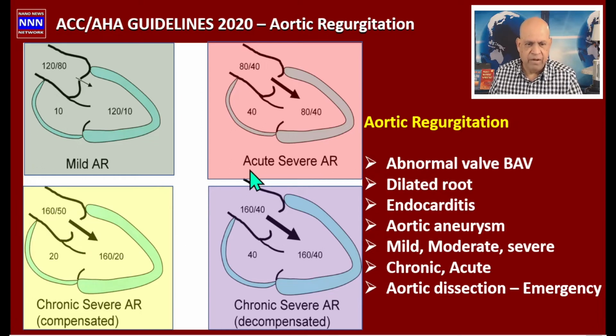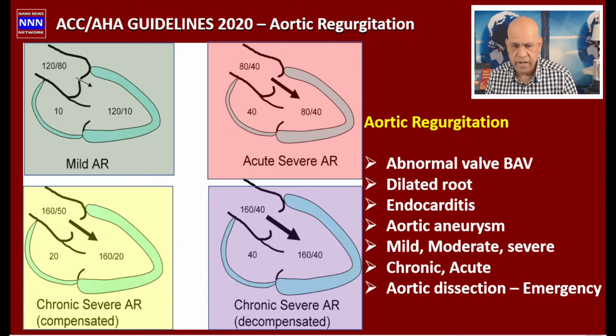Okay, now let's talk about acute aortic regurgitation. Acute aortic regurgitation can happen in the setting of an aortic dissection, or in patients with a severely dilated aortic root. If there is some disruption of the aortic leaflets, it can be secondary to endocarditis.